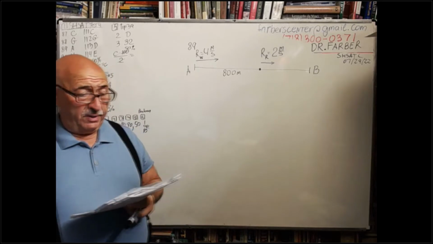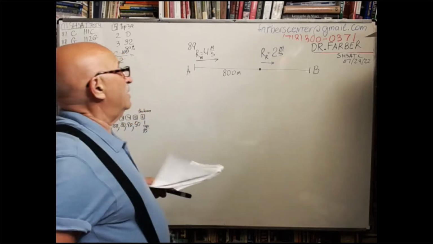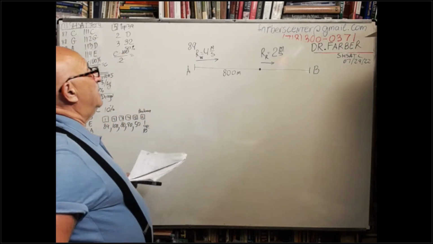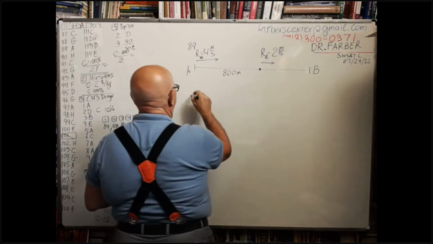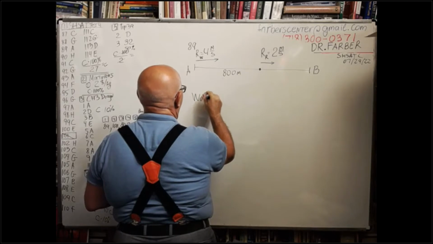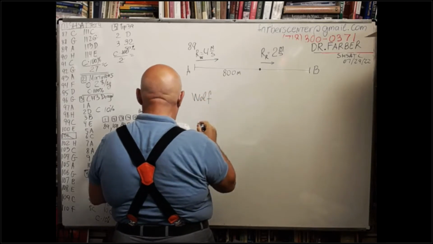Now, what do we have here? How to do it? When you make a picture, the next step is to make a matrix. Write down who we have here, wolf, and we have rabbit.